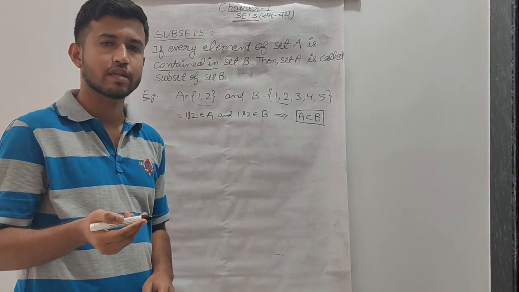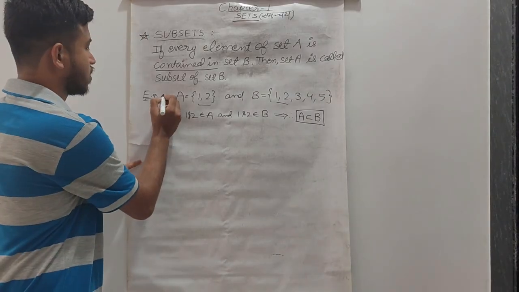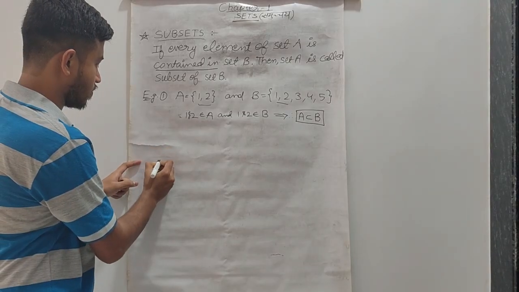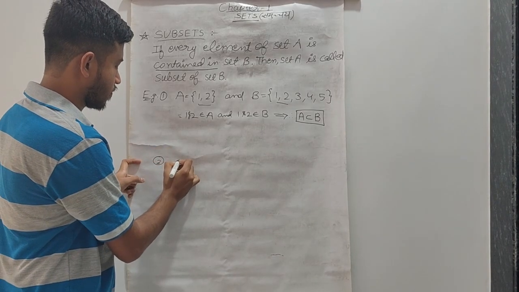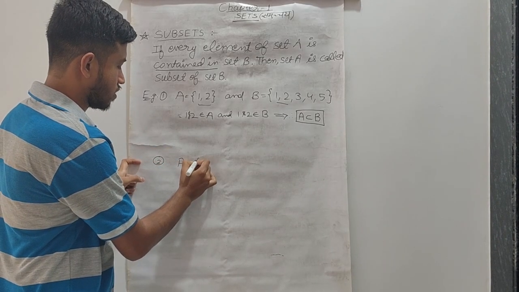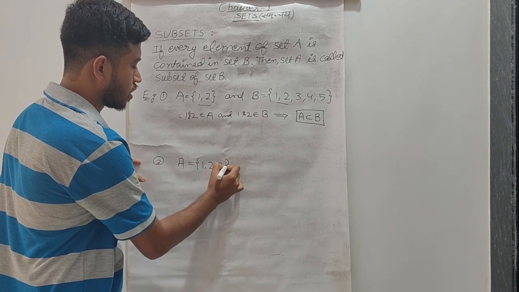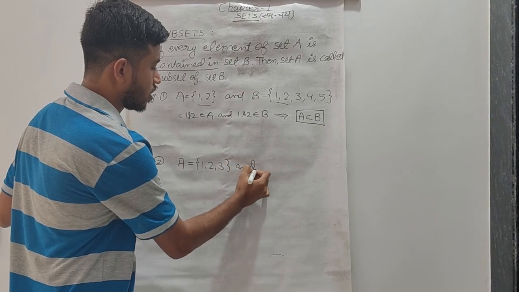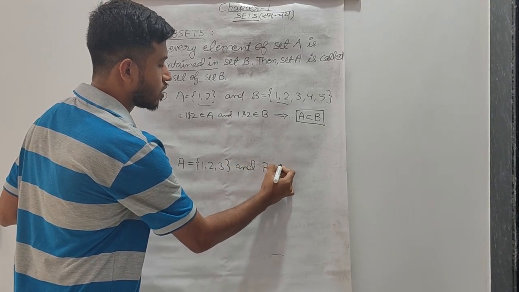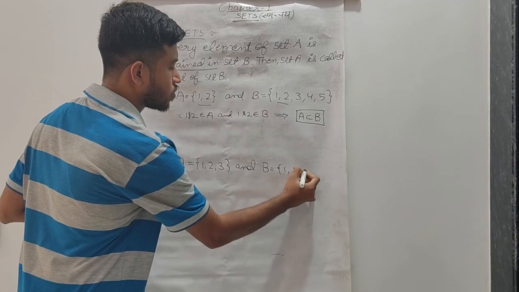We will take another example to understand this. Set A is 1, 2, 3, and set B is 1, 2, 3.